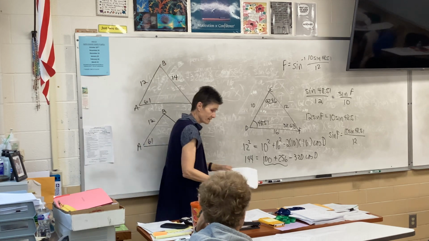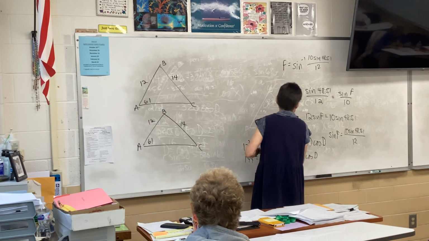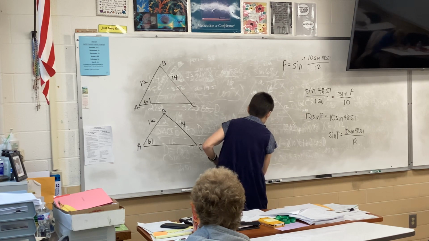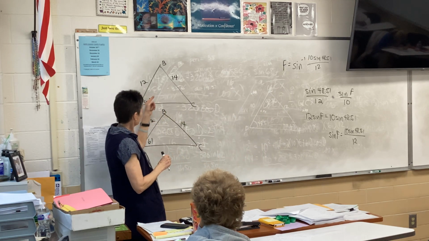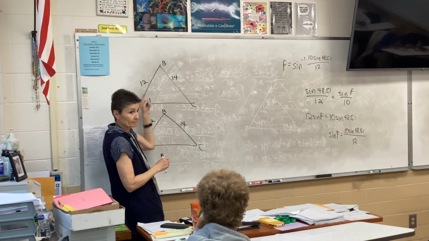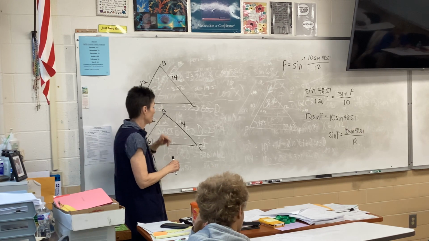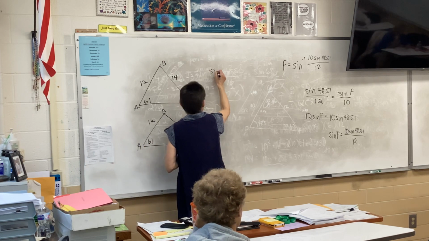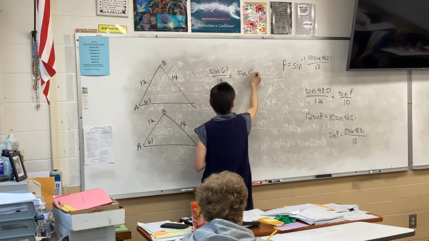I do it twice, just in case there are two. Do you see this right here? What's that mean? Law of sines. So sine 61 over 14 equals sine C over 12.